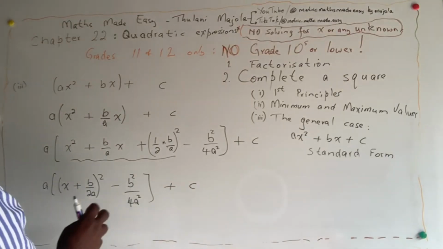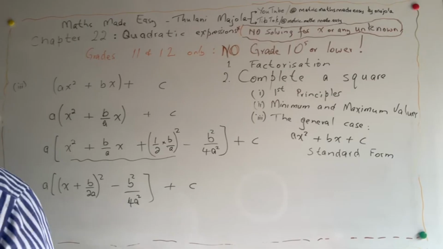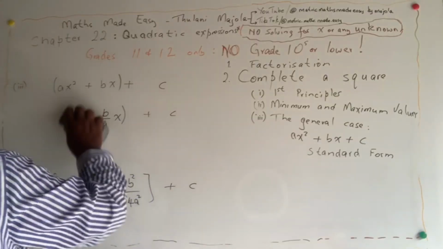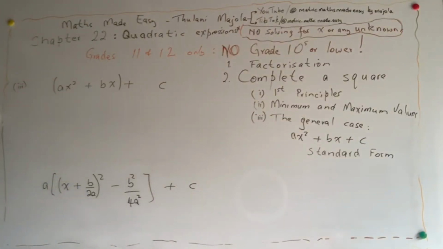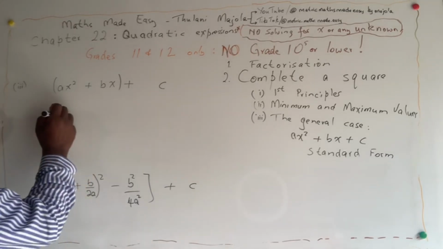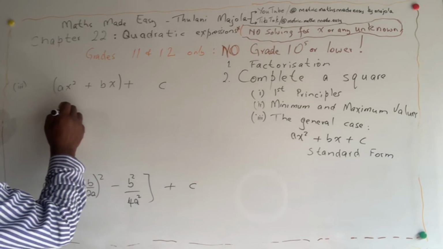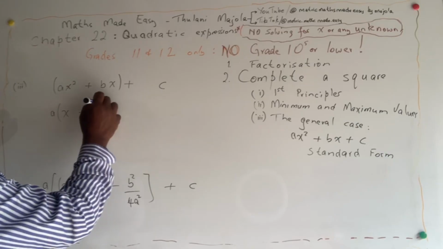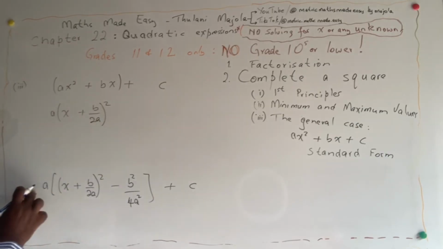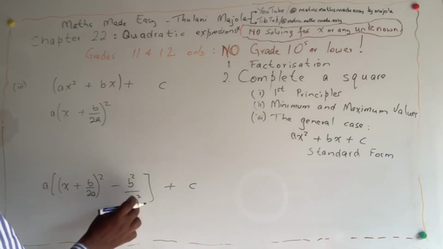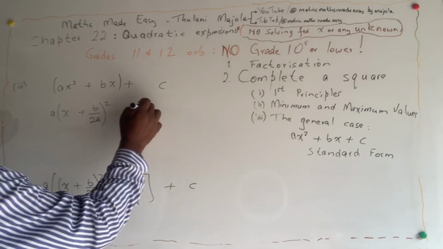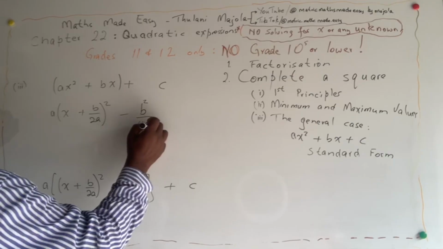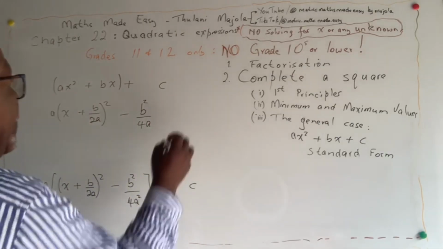Now we need to take this term out of the big brackets, so you multiply it through by a. We end up with a, open brackets x plus b over 2a, close brackets, all squared. Multiply by a, and then multiply this one by a, so the a squared is going to become a, so we have minus b squared over 4a, because the a cancels with the a squared, plus c.